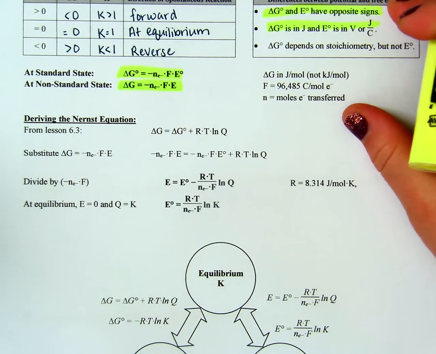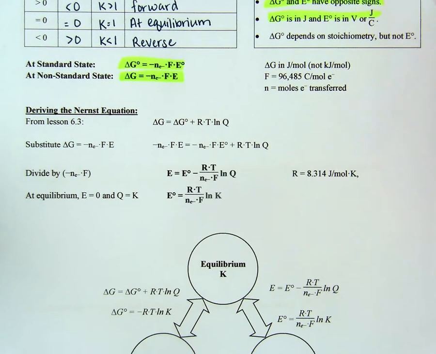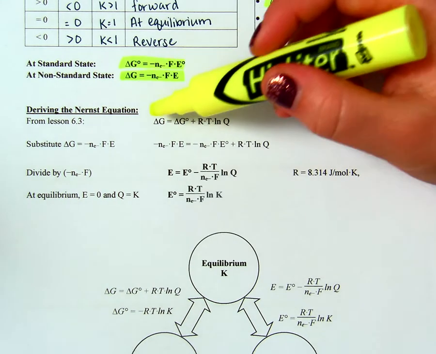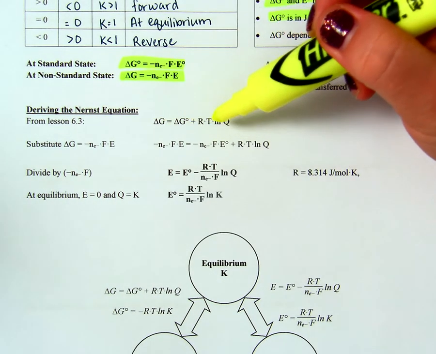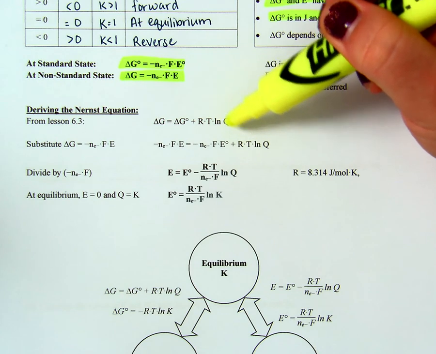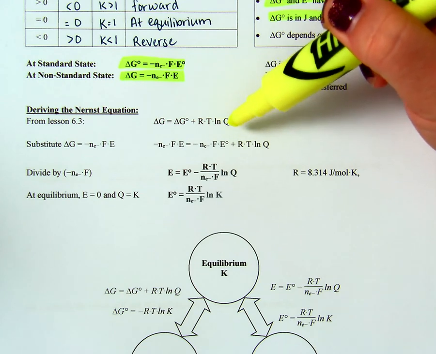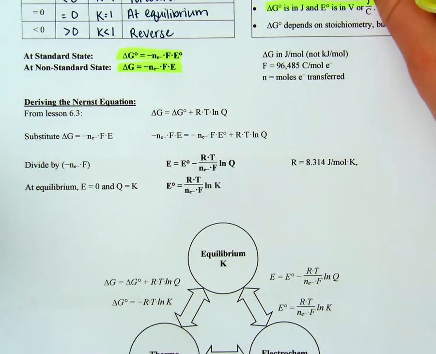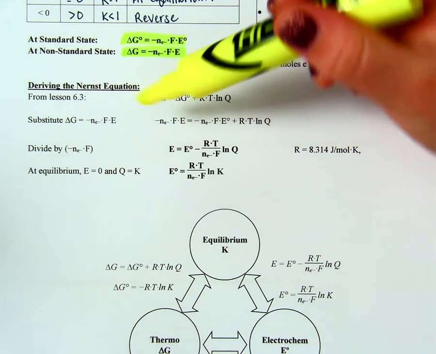Now we can derive our Nernst equation from a couple equations that we already have. So we learned from lesson 6.3 that delta G equals delta G naught plus RT ln Q, right? And remember that Q is your current reaction quotient. It's not K, it's not at equilibrium, but it has to do with the current concentrations that you have at any moment in the reaction progress.